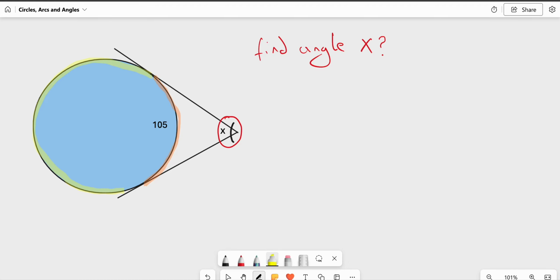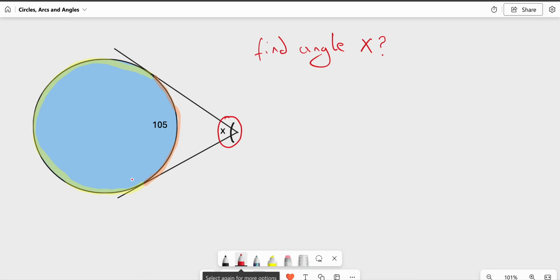So we have two arcs. Now one of them is being given. The orange one, the measure of the orange arc intercepted by this external angle, is 105.